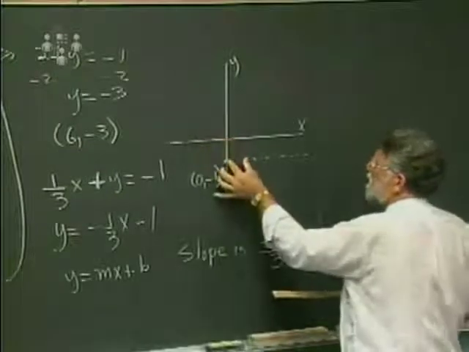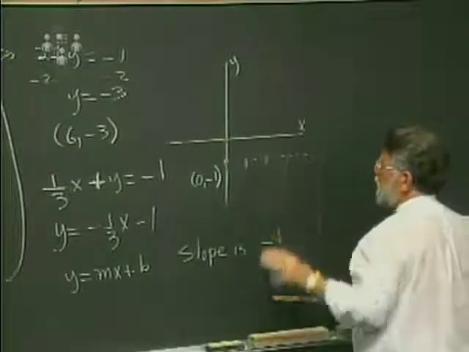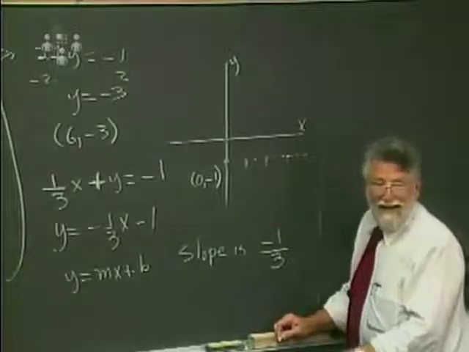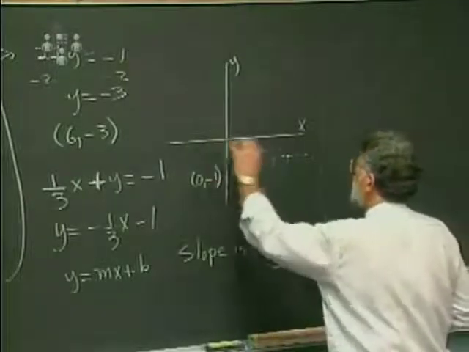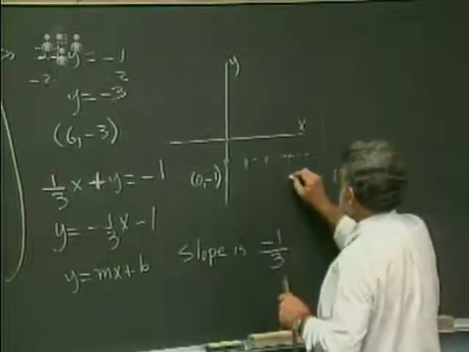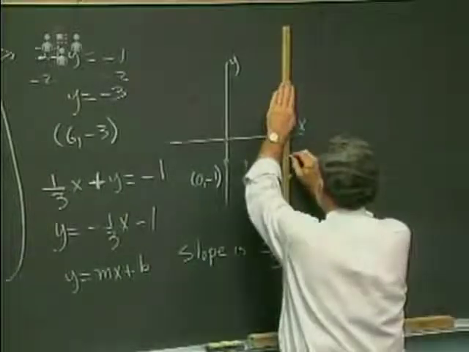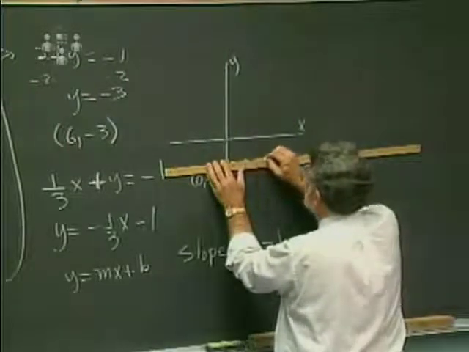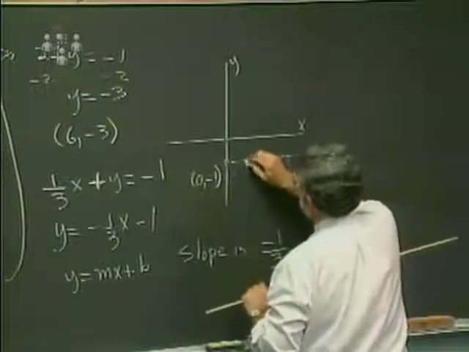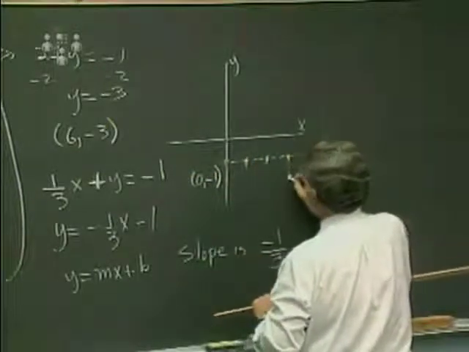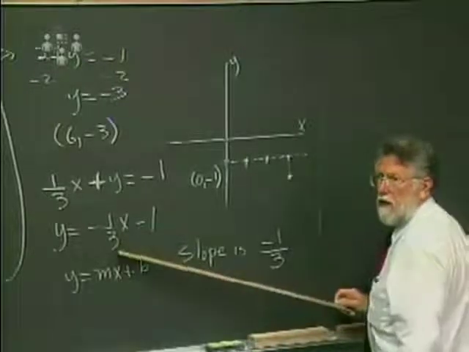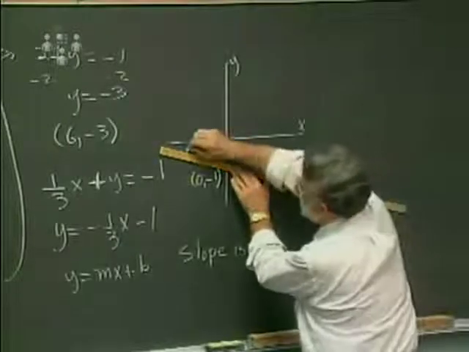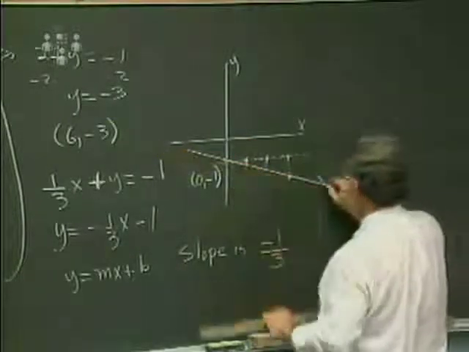Okay, so we're going to run 3 paces. 1, 2, 3. Okay, I stop there. That's as far as I get to run. And then I'm supposed to rise what? Negative 1, which means I go down 1, and that is my new point. So there is my rise and run. This was 1, 2, 3, and this is a negative 1. I went over 3, down 1. Join the points, and I have my line.